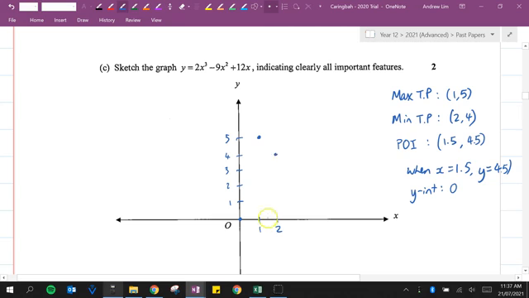And a point of inflection at (1.5, 4.5). So we know it's going to be concave down on this side, and it's going to be concave up from here. What I want you to do is get used to labeling all our points. I'll just say that that one there is (1.5, 4.5).